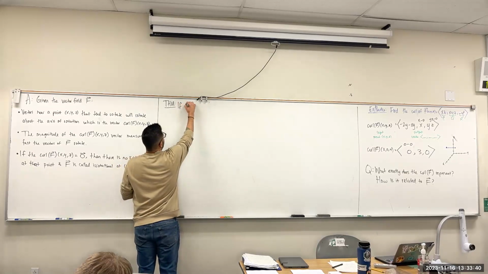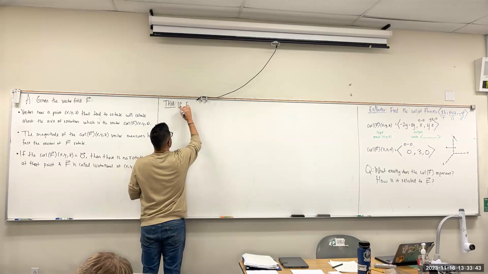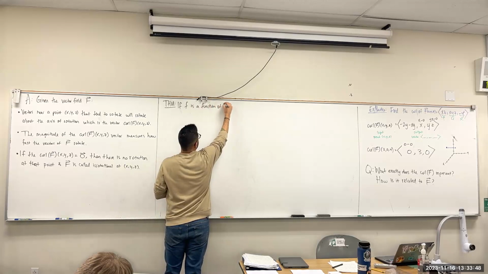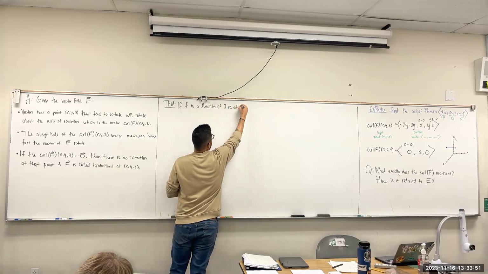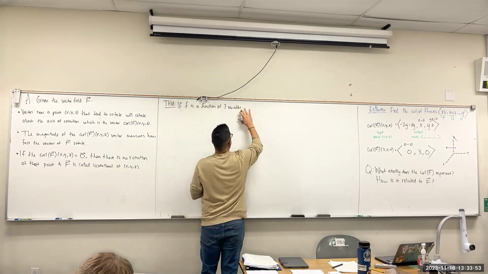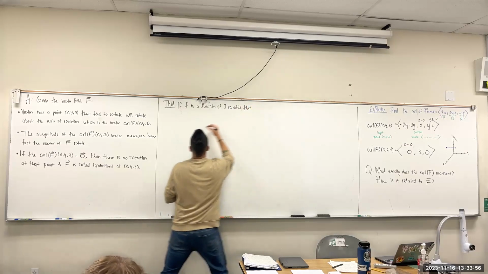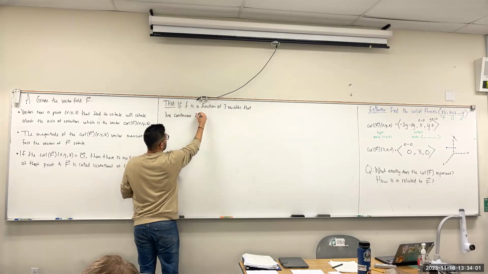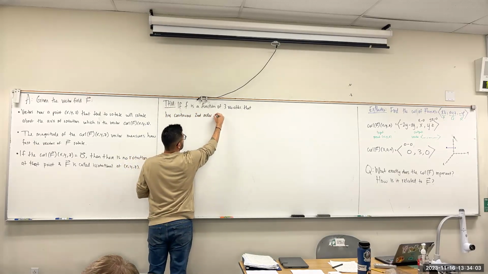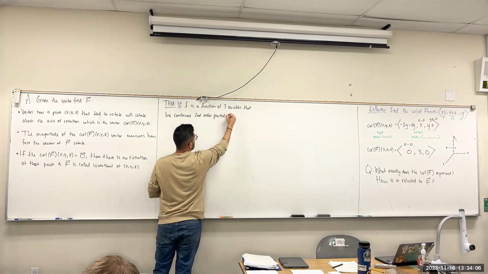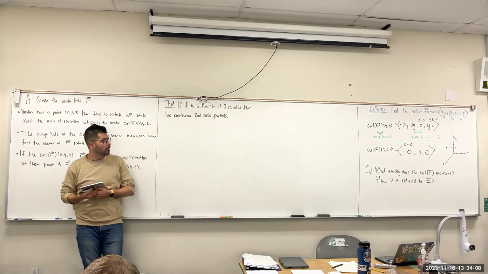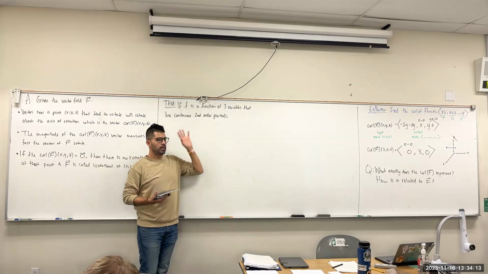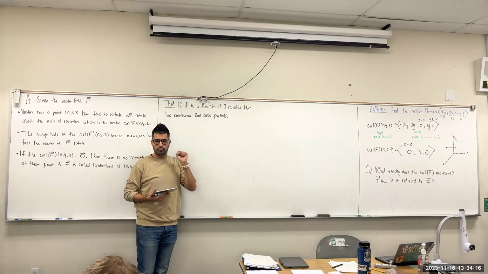If little f is a function of three variables that has continuous second order partials, you guys learned the theorem in chapter 14 about a function that has continuous second order partials.